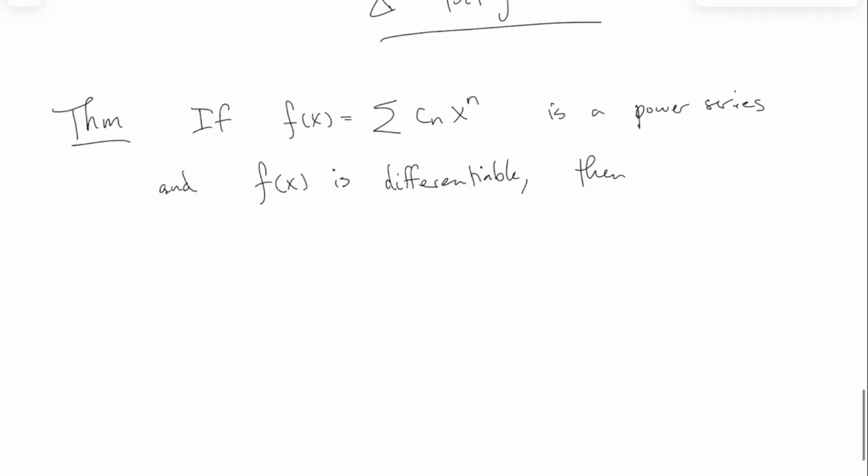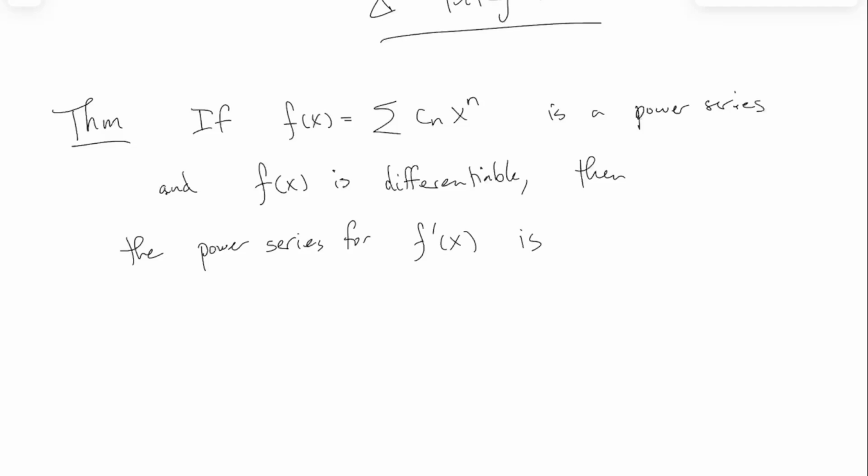then the power series for f prime of x you can get it by term by term differentiation. That means you can look at this thing and just straight up take the derivative of each term in the series. So the power series for f prime of x is f prime of x equals the sum, and on the right side I'm going to take the derivative.